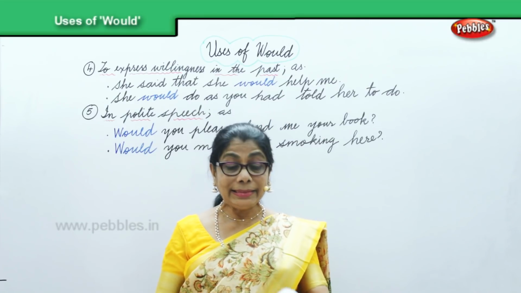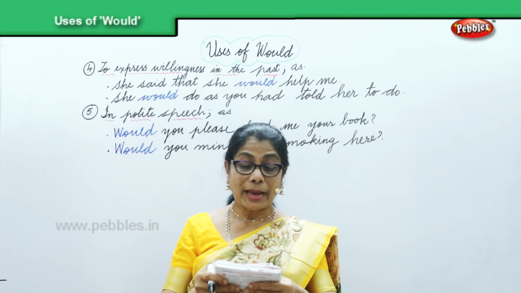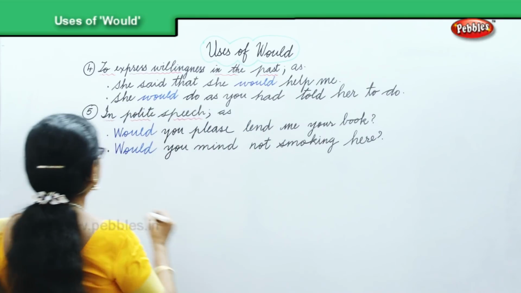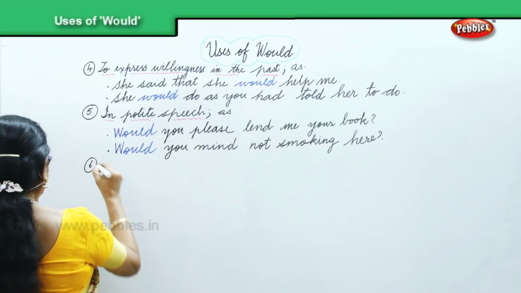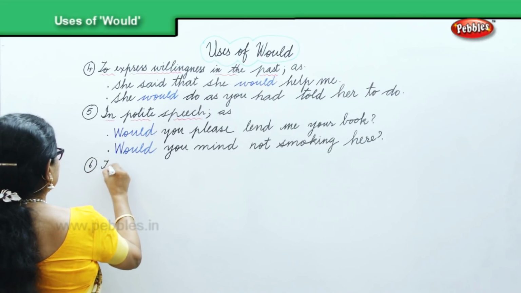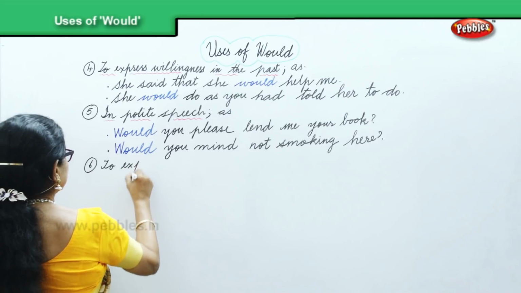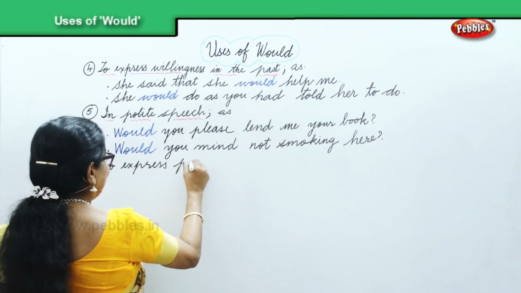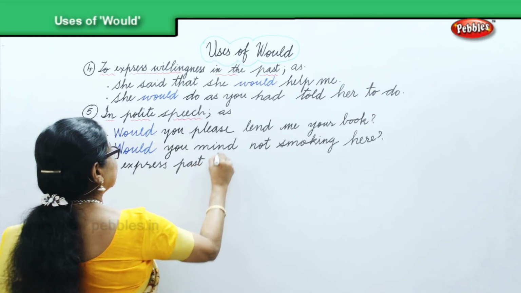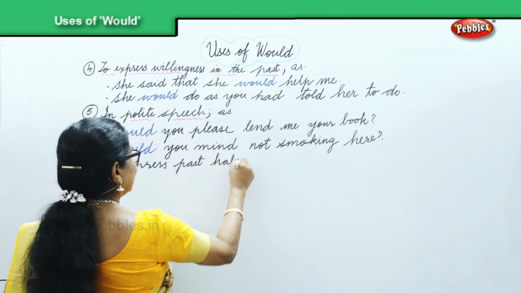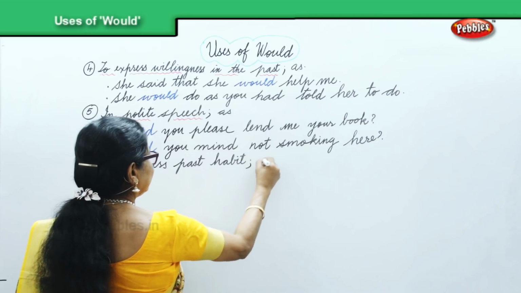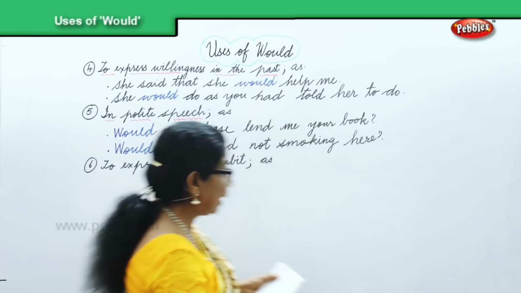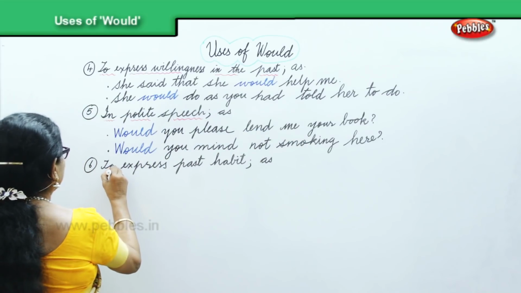And then the sixth type is to express past habit. That's the sixth one. Okay? As, let's look at the sentence.